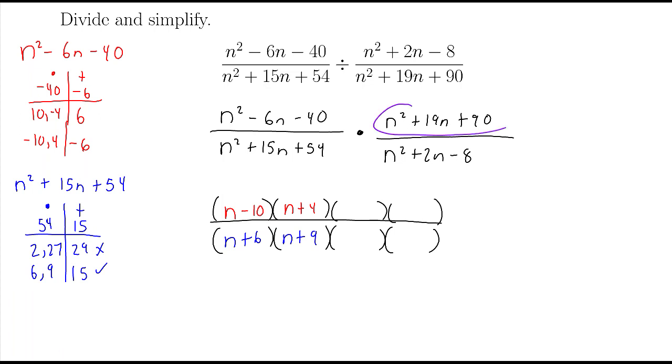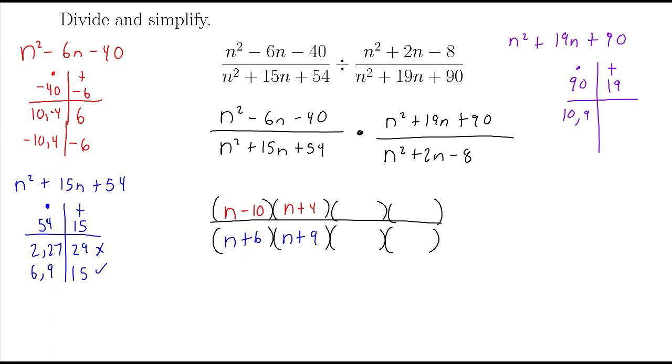Okay, n squared plus 19n plus 90. I need two numbers that multiply together to be 90, but add together to be 19. 10 and 9 are the first numbers that come to mind. Those add up to 19. So n plus 10 and n plus 9.